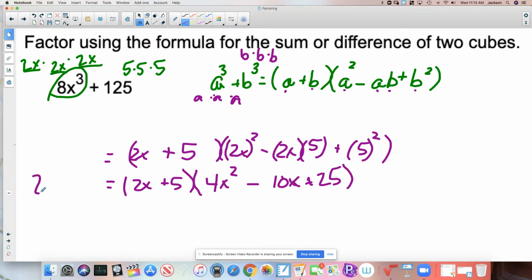So I'll write this out: 8x cubed plus 125 can be factored to look like this. Again, all we're doing is expressing each of these cubes as this product of the same factor. Then we're taking each factor here and putting it in place here for the a's, and then for the second part of the binomial, each one of these 5s goes in for the b.